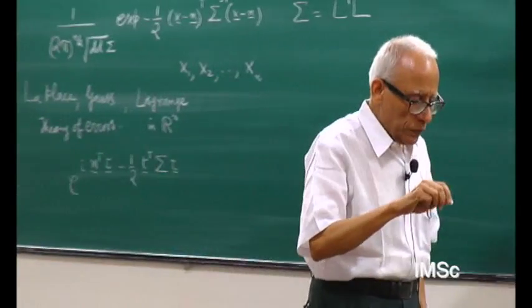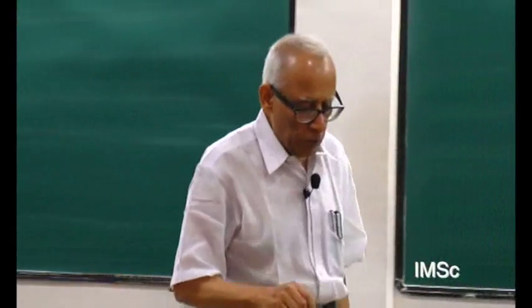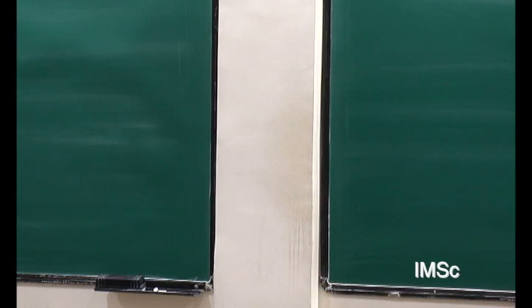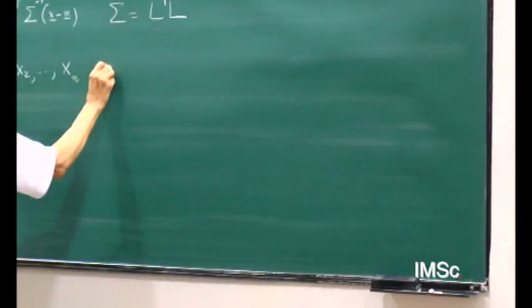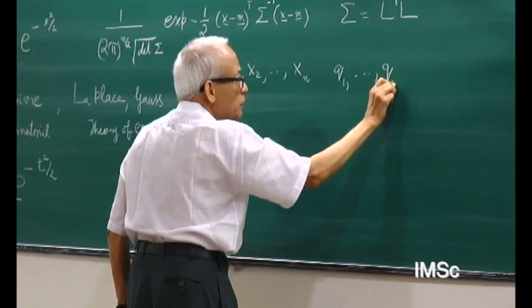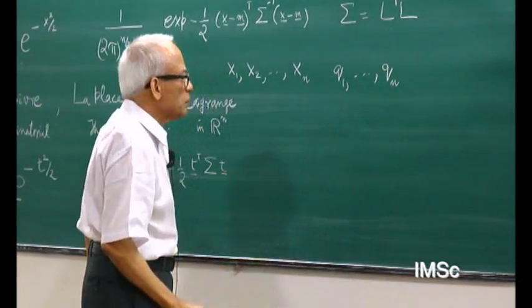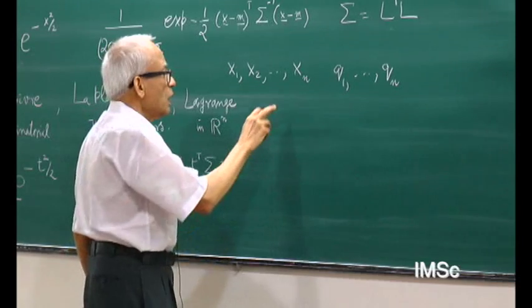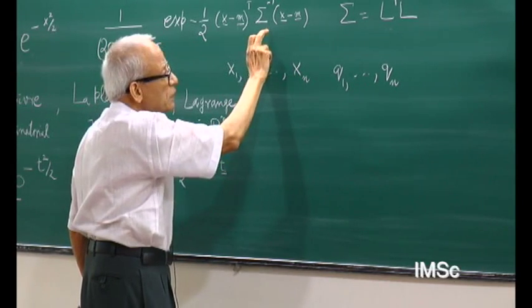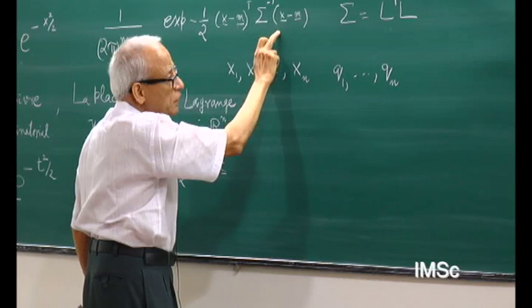Multiplication by each of the coordinates can be thought of as a self-adjoint operator. So multiplication by these gives you variables q1, q2, etc., qn, which are self-adjoint operators, and the joint distribution of these random variables is exactly equal to this.